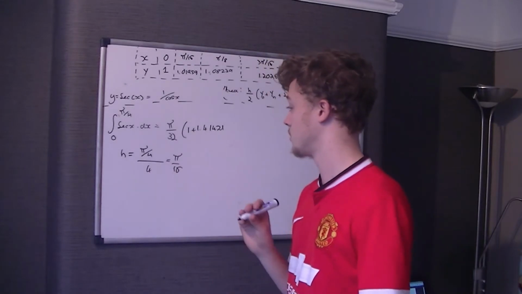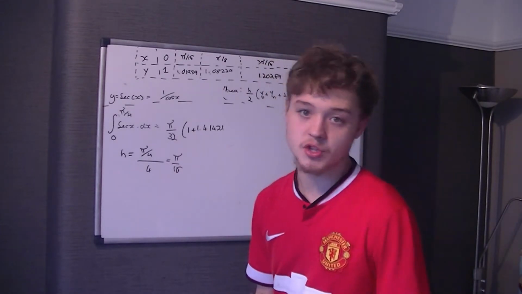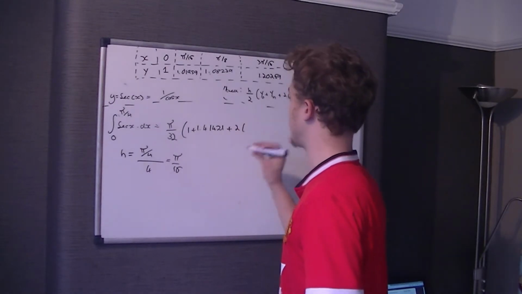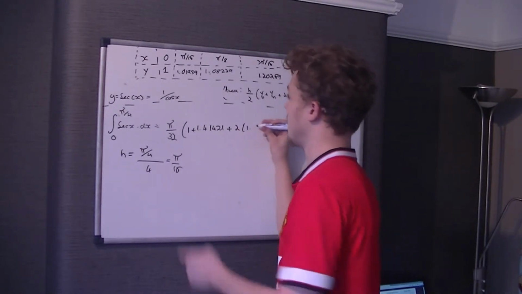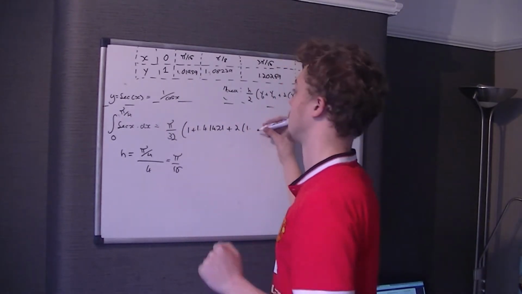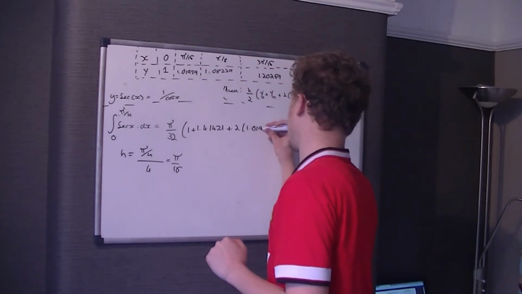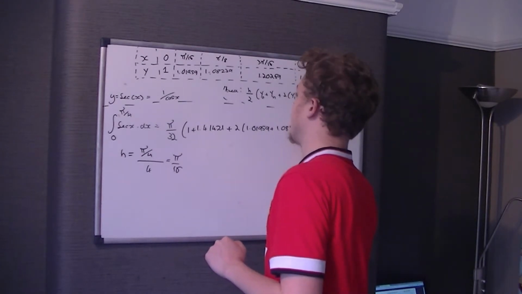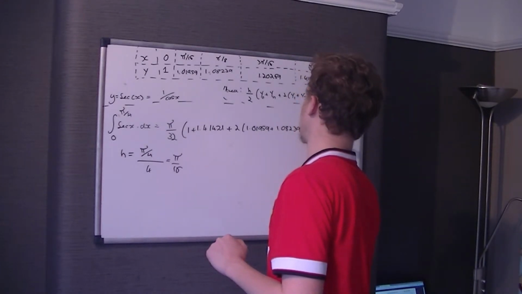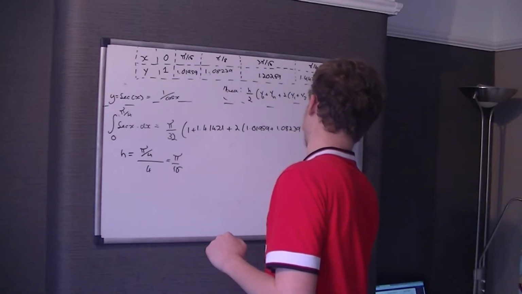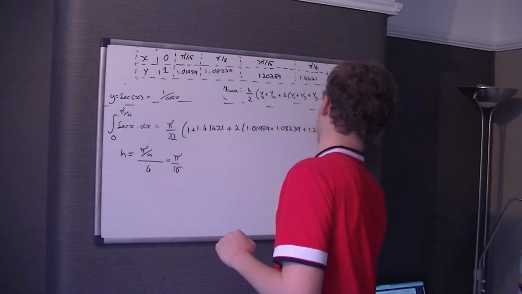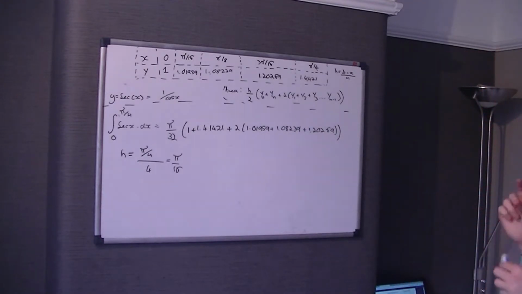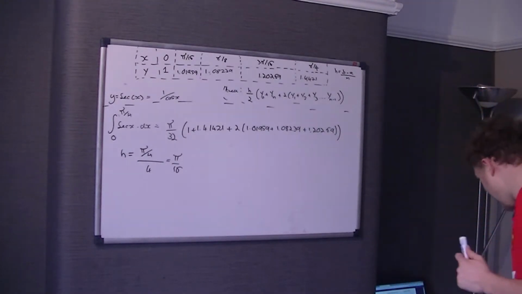So it's just pi on 16 over 2, so obviously it's pi on 32. Now, as I said, I'm assuming you know this anyway, but y0 is the very first one, yn is the very last y value, and the rest are all times by 2, before being times by pi on 32, obviously. So it's just a case of subbing. I think you get given this formula anyway, I assume you do, it's simple enough.